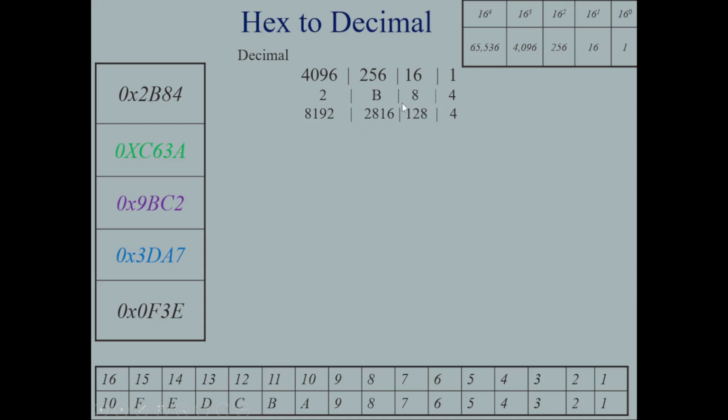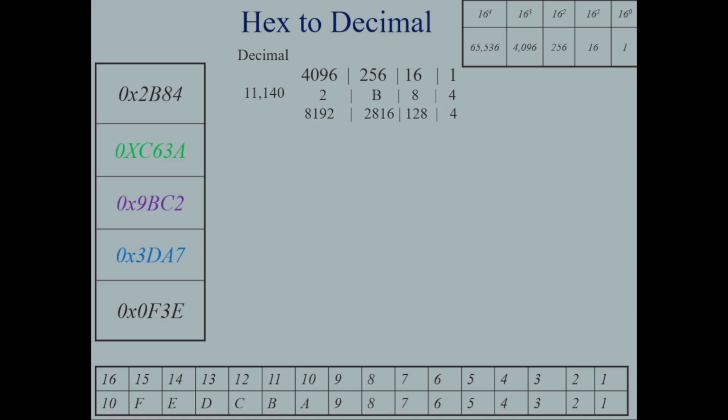That's what it equals. We have 8 groups of 16. That's what that equals. And we have 4 groups of 1. And if you add up all these numbers here, we get our decimal number of 11,140. So go ahead and pause the video, figure out the rest, and we'll come back and show you the answers. It's the same system that we've been learning and doing, just with different groupings at the top.